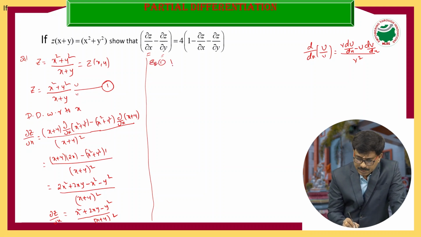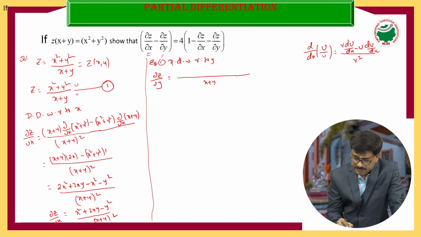Equation 1, partial derivative with respect to y, which is dou z by dou y, equal to, the denominator becomes (x plus y) whole square, (x plus y) into partial derivative with respect to y of (x square plus y square), minus (x square plus y square) partial derivative with respect to y of (x plus y).